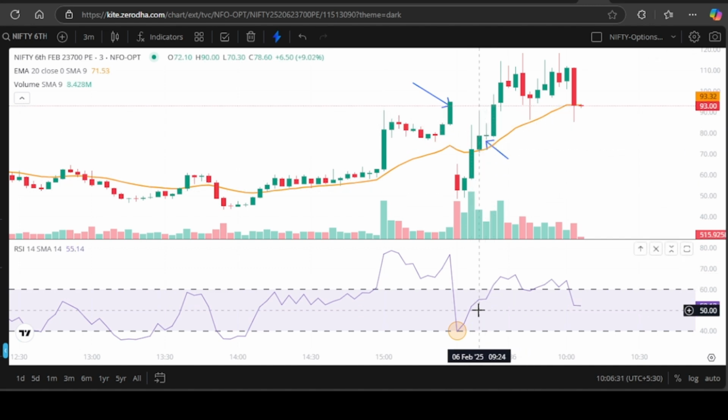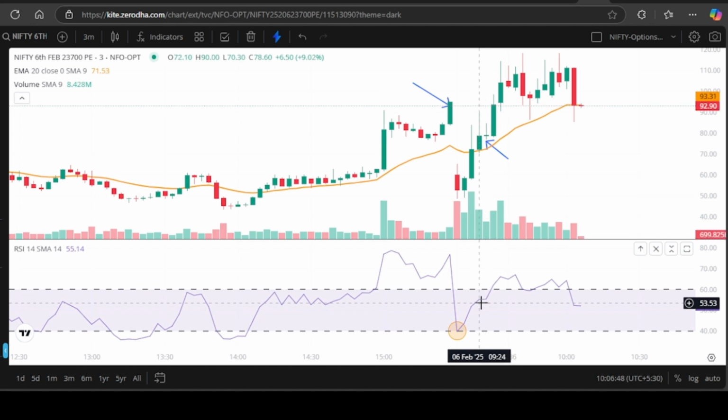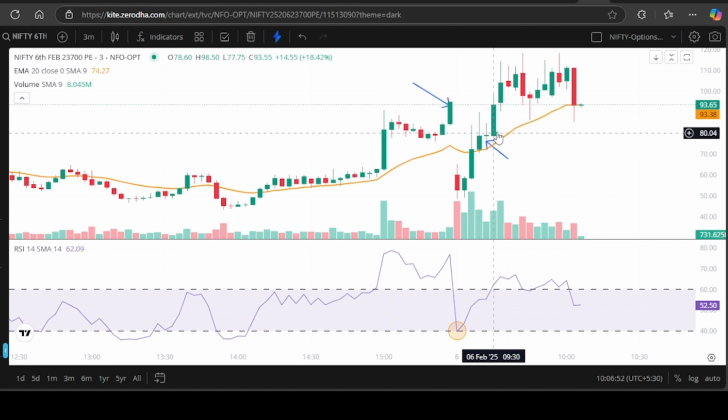But here the body is small, but the candle was not red, and plus the candle was above the EMA. That's not the main point that I look for, but I look for the RSI line movement. If the RSI line movement does not tick down and the body is not red, I will still hold on to the trade.